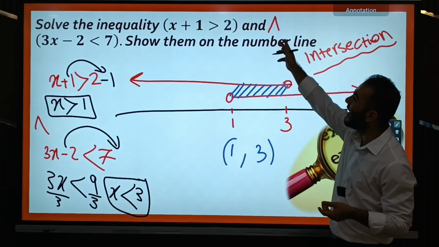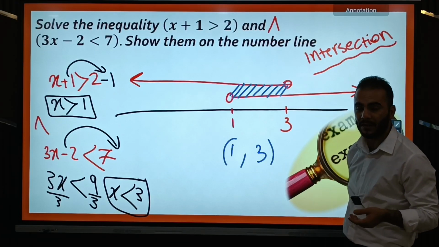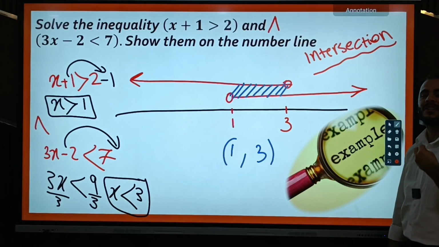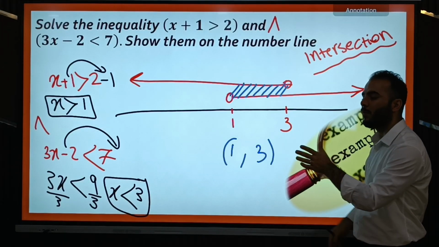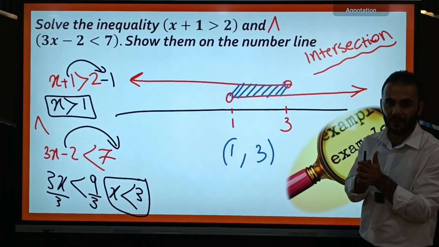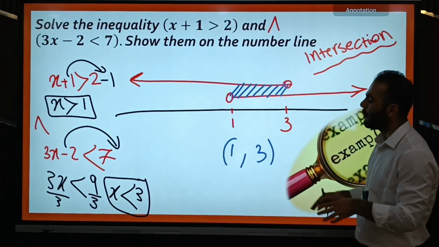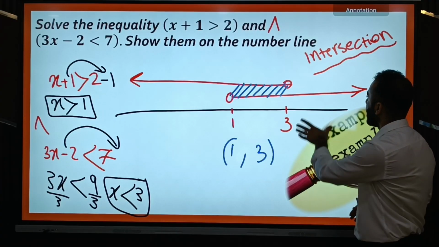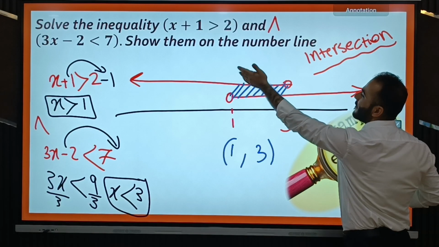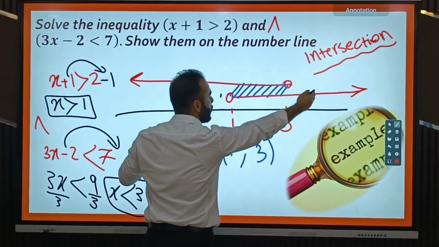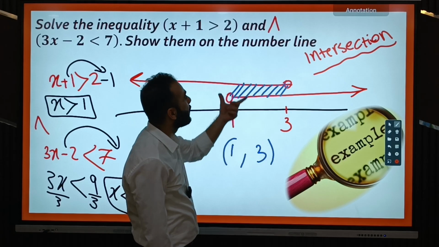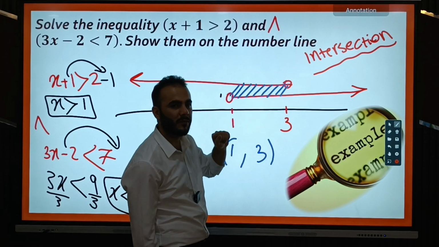Now, since we have "and" between these two inequalities, we are going to take the intersection part. What is the intersection part? It's the part where both graphs are over each other. So from 1 to 3, both of them are together. In other parts, we don't have both solutions. Therefore, for "and", we will take only the intersection part.